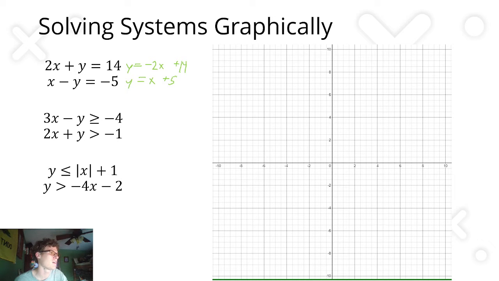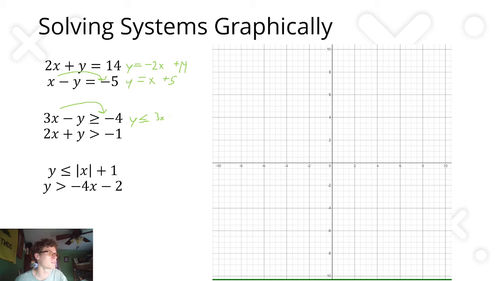How did I get that? I brought x over to the other side, makes it a negative, multiplied by -1, and everything turned positive as a result. All right? So y equals x plus 5. All right, this one, I can do the same thing. This will turn out to be bringing 3x to the other side, multiplying by -1. Y is less than or equal to 3x plus 4.